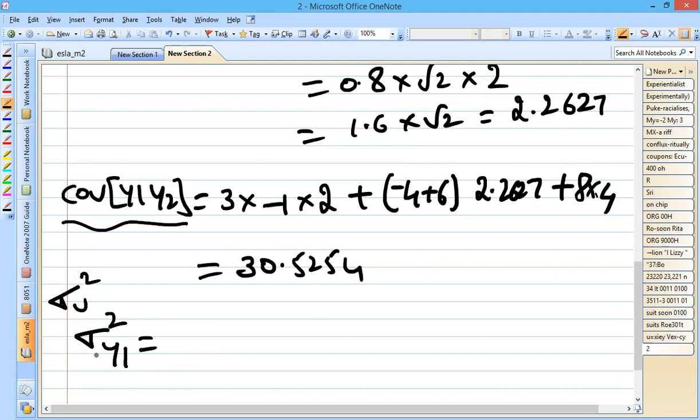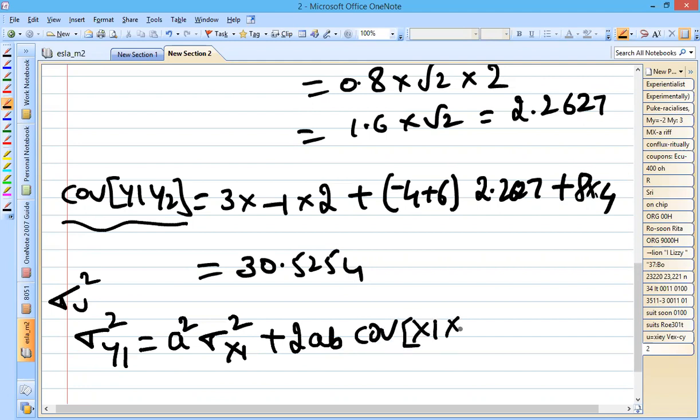The same equation has to be written for sigma y1 square, but we'll be getting the expressions in terms of x1, x2 instead of x, y. So the equation is a square sigma x1 square plus 2ab covariance of x1 x2 plus b square sigma x2 square.